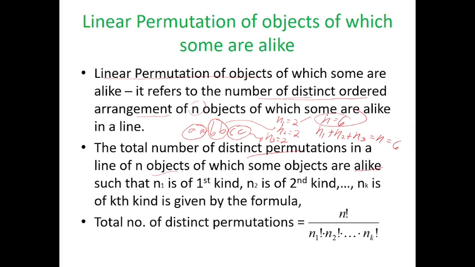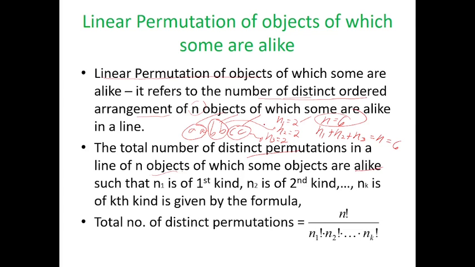And then n factorial over n1 factorial, for the first kind, all letter A, then all letter B, all letter C: the first, second, and third kinds.